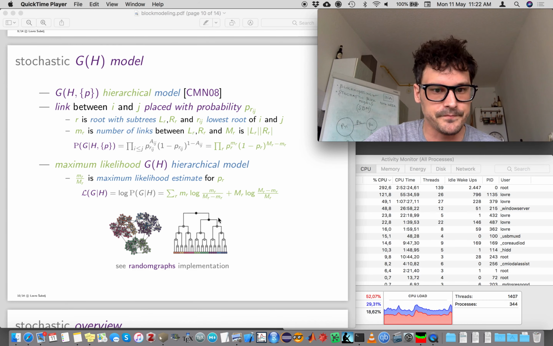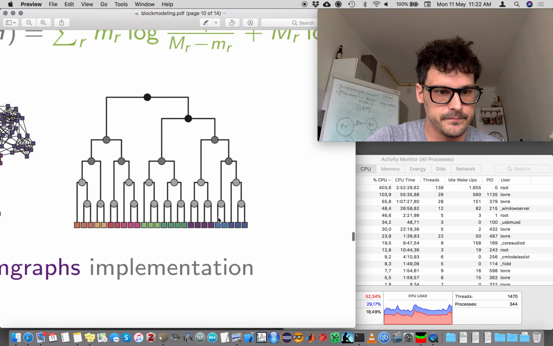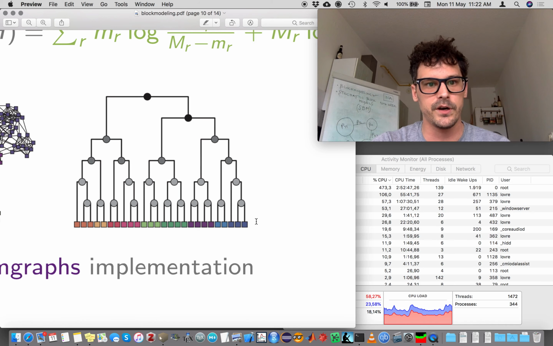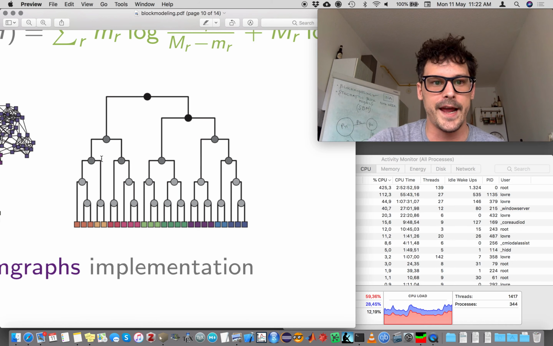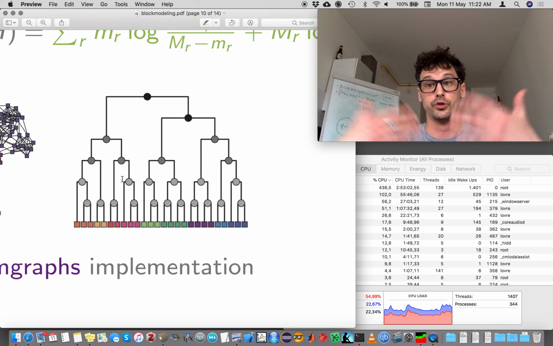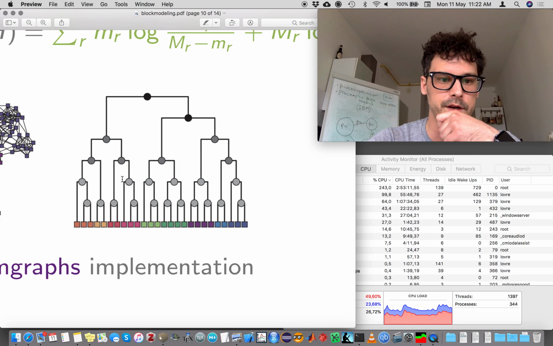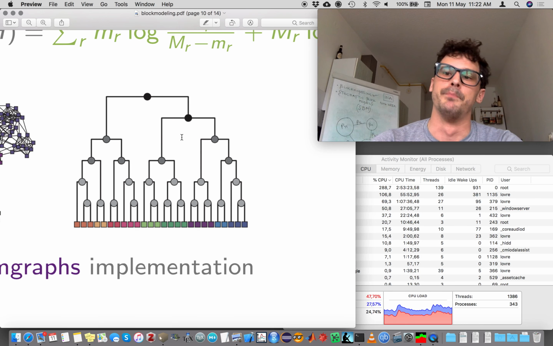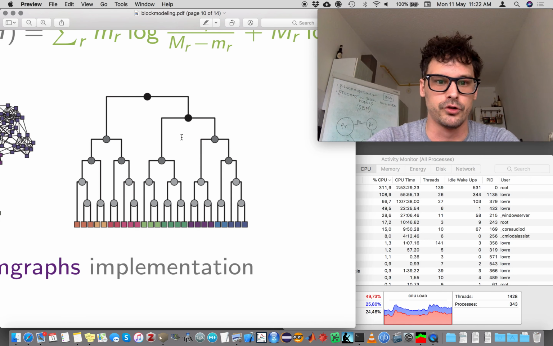If I zoom in, at the very bottom you have individual nodes in a network that are then connected in some hierarchy that you want to infer within your algorithm. And the inner nodes in this hierarchy have some probabilities assigned to them.